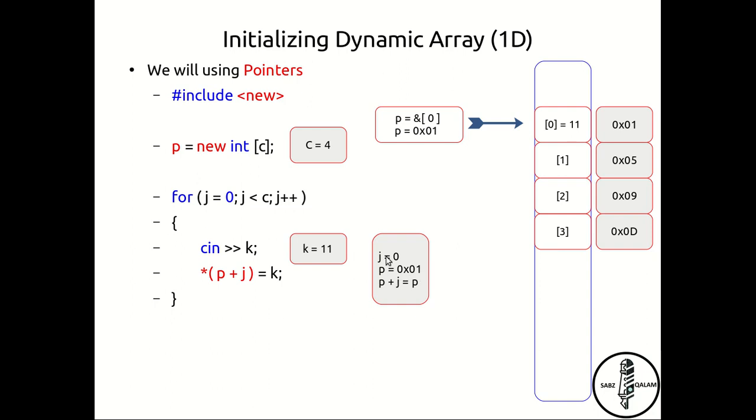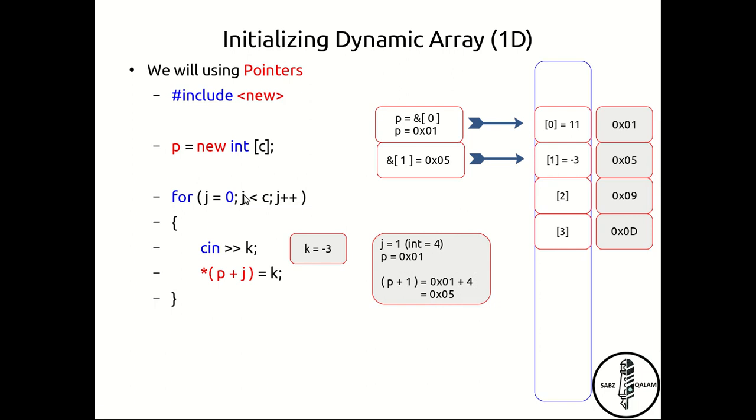In the first case, whatever K has been initialized to, the contents of that address are updated to K, and we see the contents of the 0th index have been updated to 11, which was our value K. In the second loop, J becomes 1.